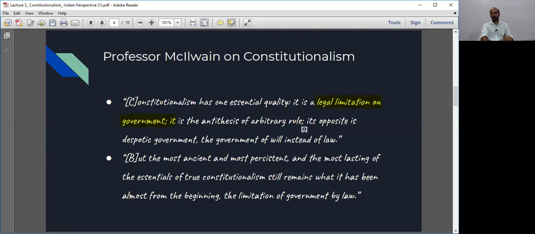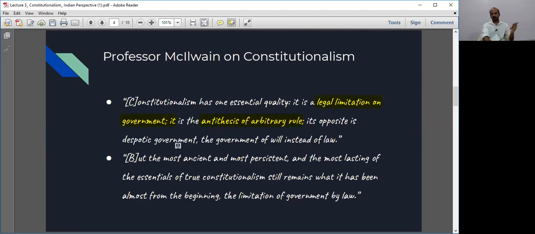So the very concept of constitutionalism imposes a legal limitation on the government. Next, it is the antithesis of arbitrary rule. So it is saying that constitutionalism somehow is the antithesis of this and therefore prohibits it. Arbitrary rule is opposite to constitutionalism, right?